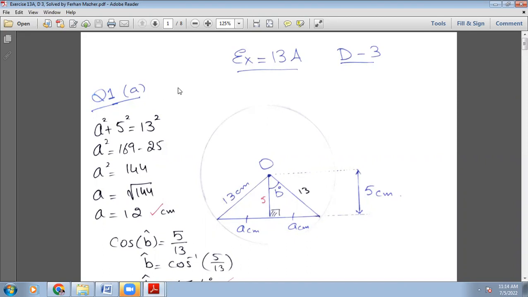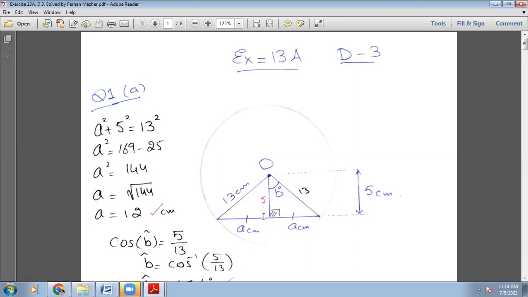Hypotenuse square equals perpendicular square plus base square. So we will have a square plus 5 square equals 13 square. So a square will be 169 minus 25. a square will be 144, and a will be the square root of 144. So a will be equal to 12 centimeters. If this is 12, this will also be 12.